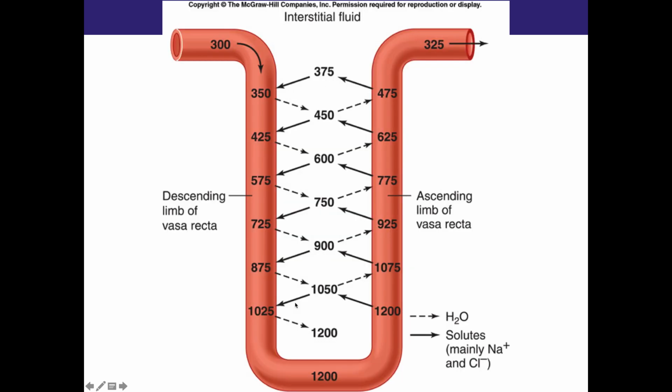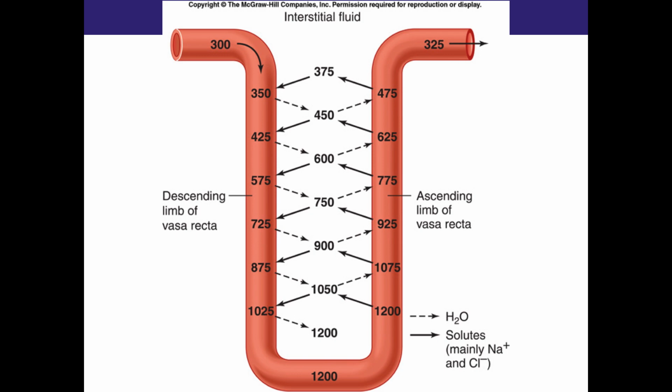But the vasa recta is known as a countercurrent exchanger because it only relies on passive forces. Passive diffusion, passive osmotic gradients, right? Osmotic driving forces that are moving solutes in and out and water in and out. Okay, so countercurrent exchanger is a term describing the vasa recta, only because this is completely passive transport.